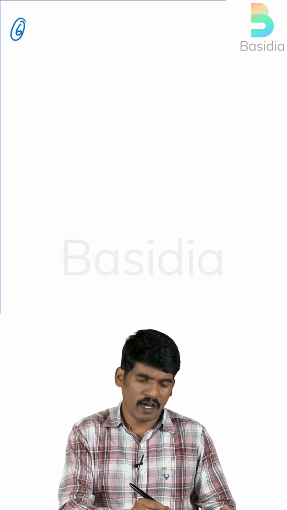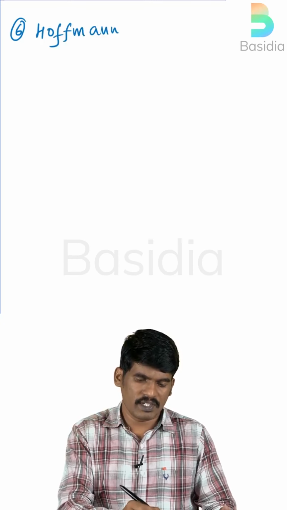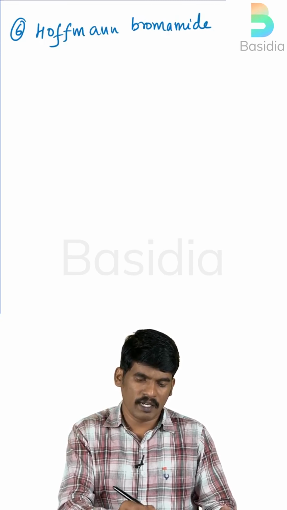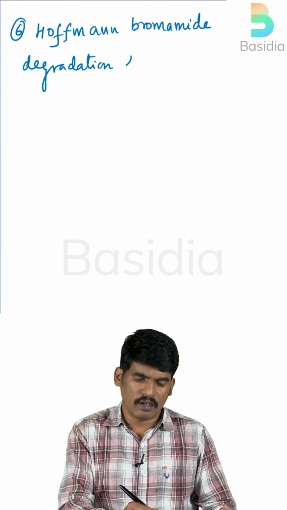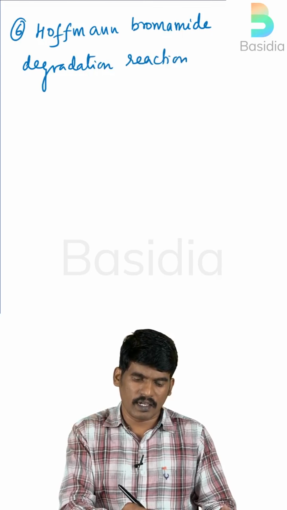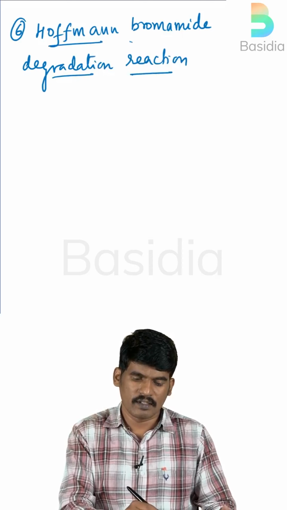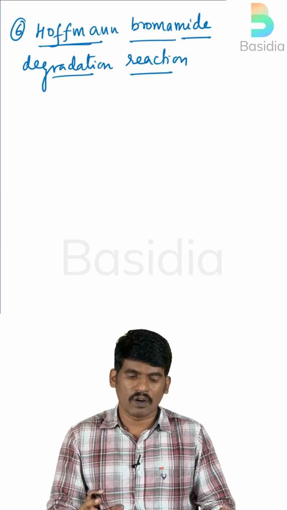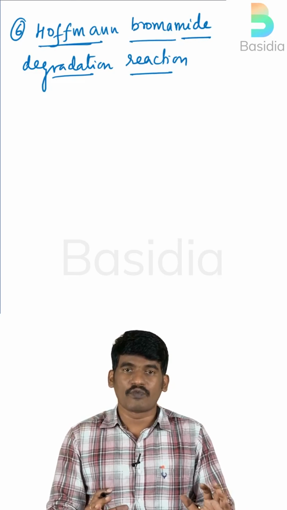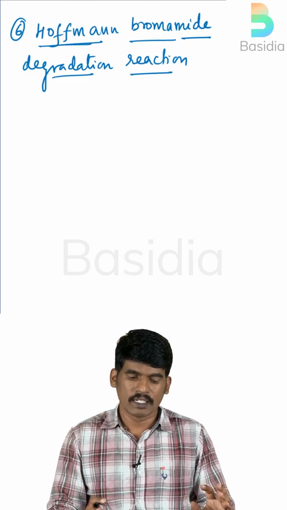Hope you understand that. The next reaction we have is Hoffman bromamide degradation reaction. A very important reaction like Gabriel phthalimide synthesis. It was named in honor of the scientist called Hoffman. Bromamide is formed as an intermediate product.